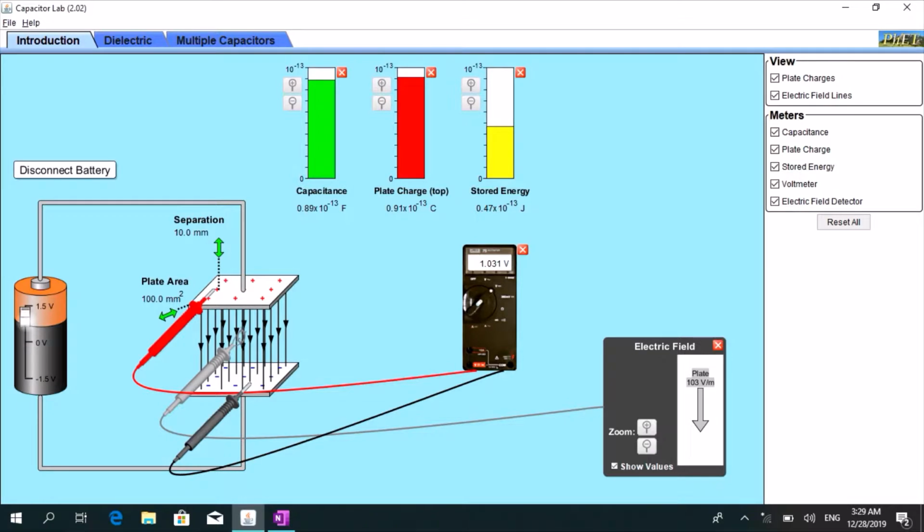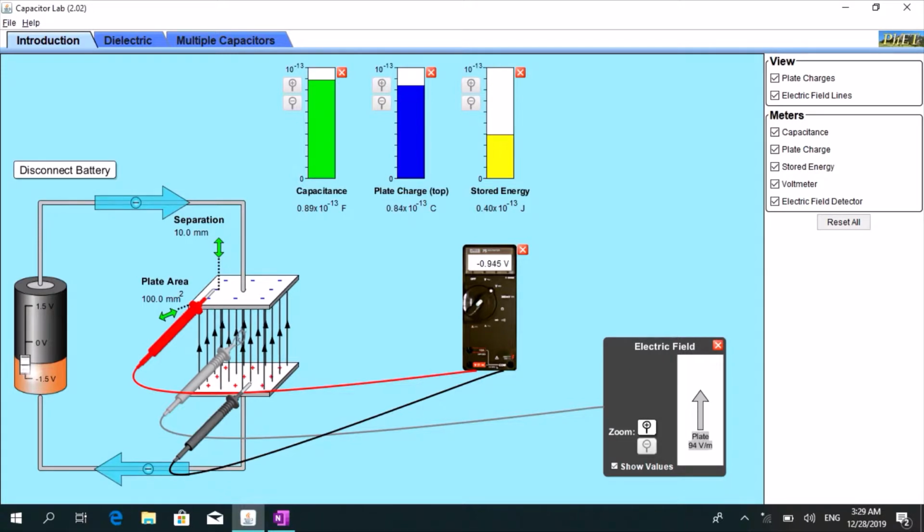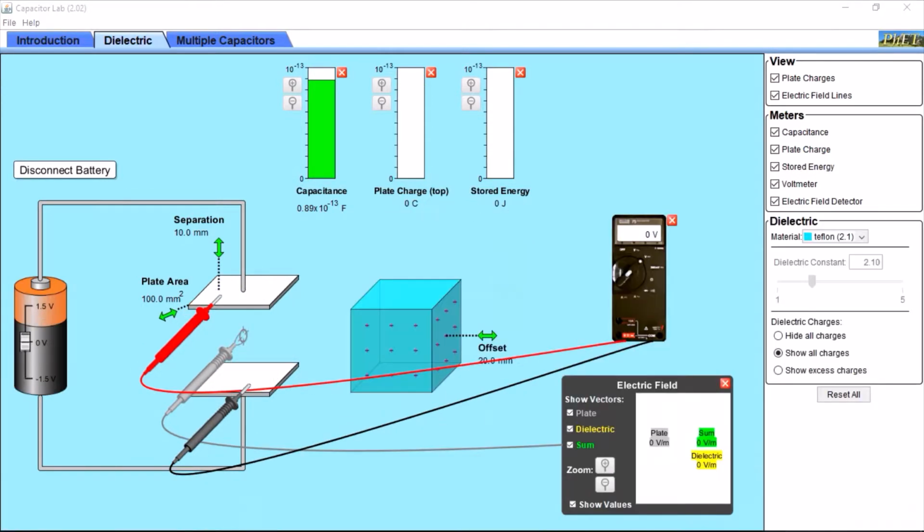Let's see what will happen if we reverse the polarity of the battery. So the electric field is also reversed, and the electric field lines are reversed from the two plates.